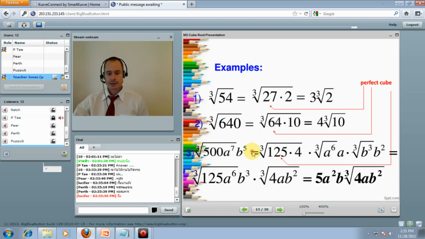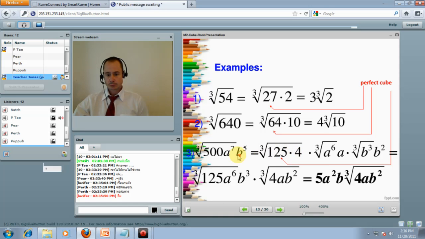And now we have a little more difficult expression. We have the cube root of 500 a^7 b^5. First we have to look at 500. Can we simplify this to make one part of it a perfect cube? Yes, we can, because 500 is the same as 125 times 4.